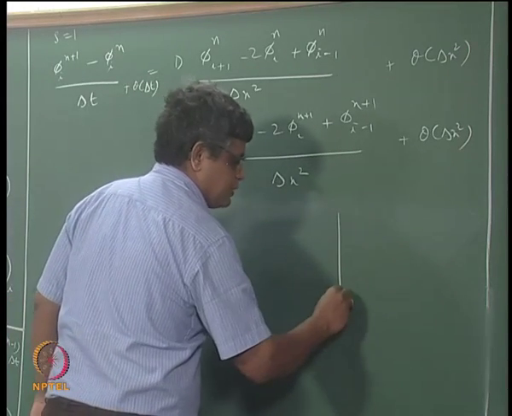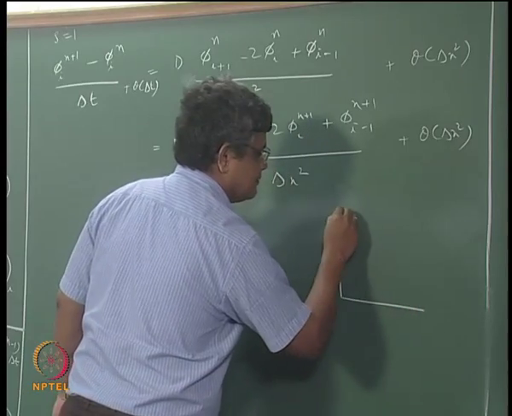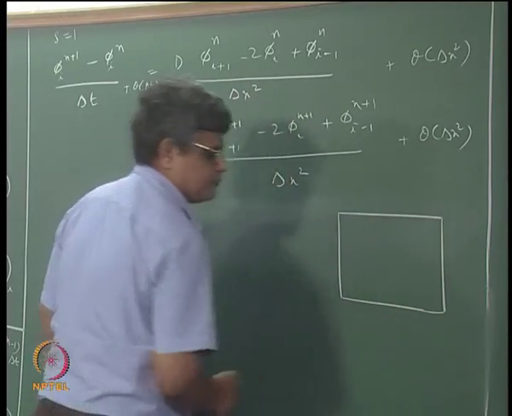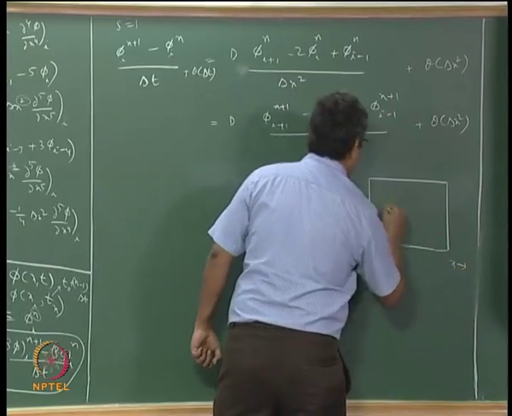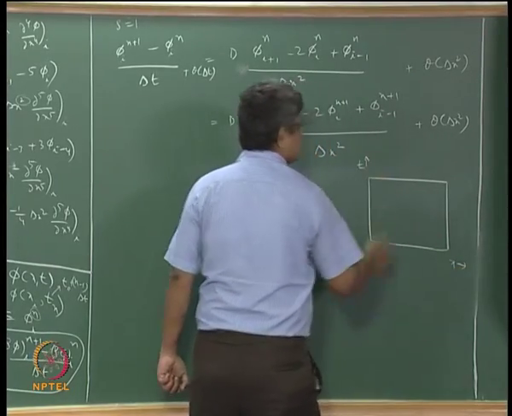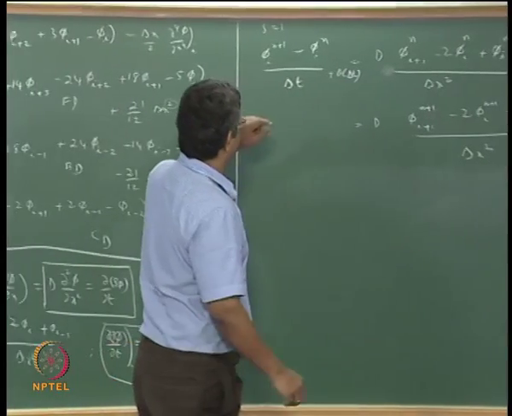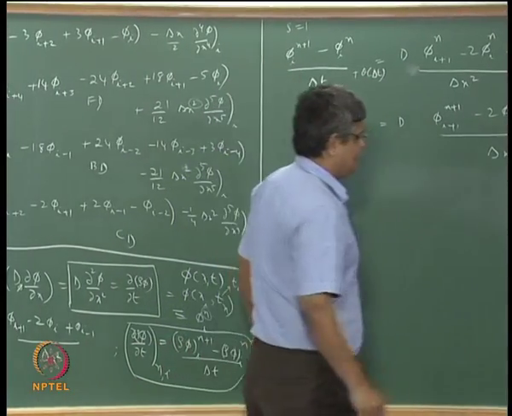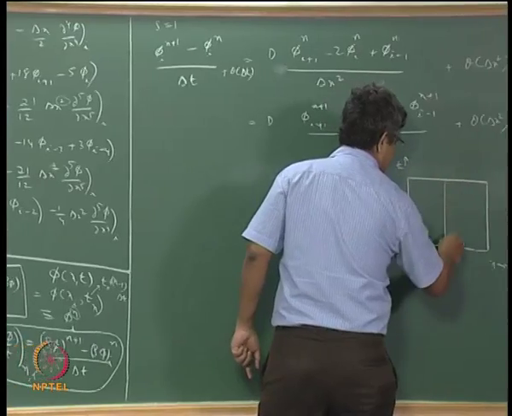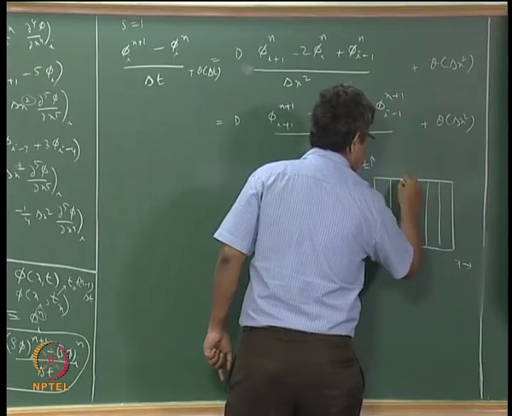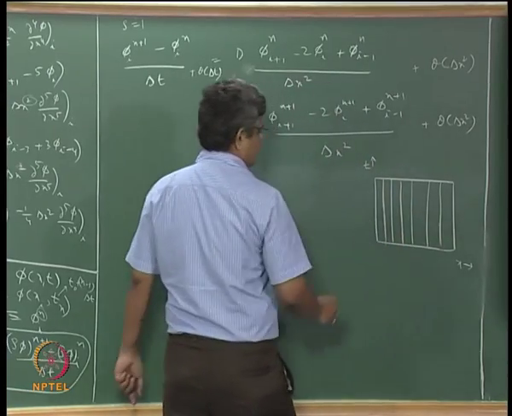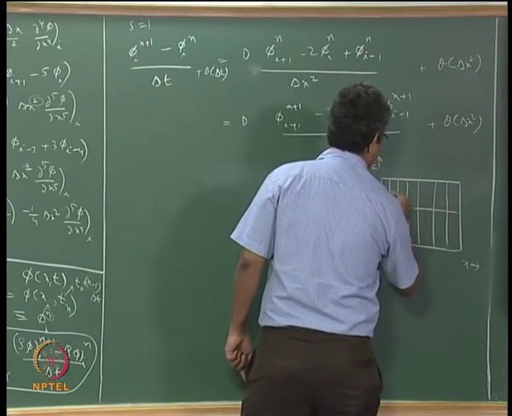We now have a two-dimensional space. This is the x direction and this is the time direction, and we are looking at phi at several points in the x direction and several points in the time direction.